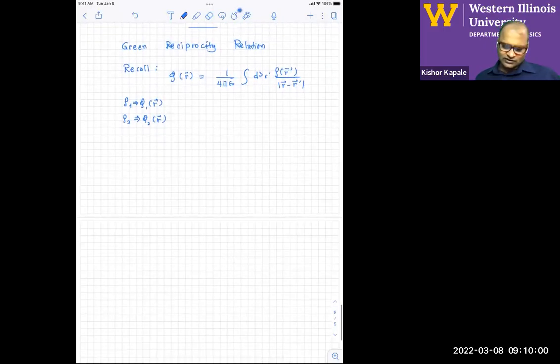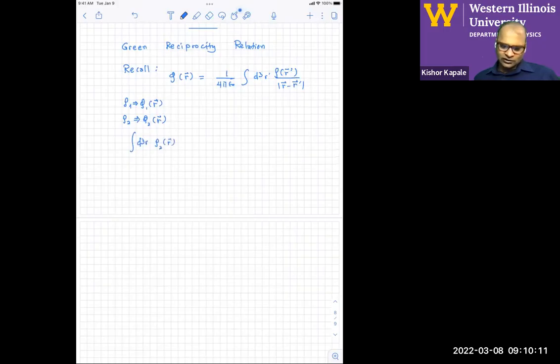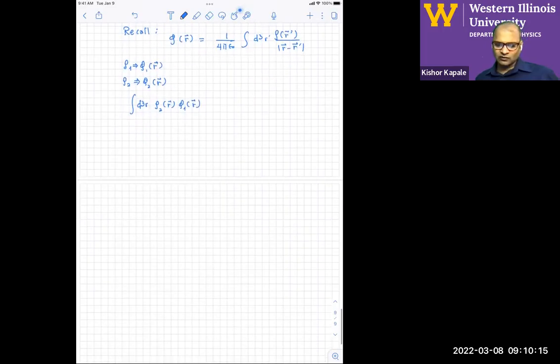Okay. Now let's take a specific combination of the two, right? So we want to, let's say, find out the potential energy of the charge distribution rho 2 due to the field caused by the charge distribution rho 1, right? So that's how you would write that down.